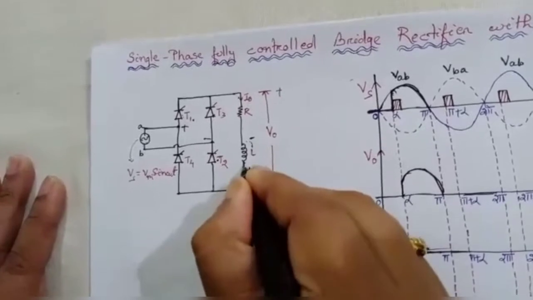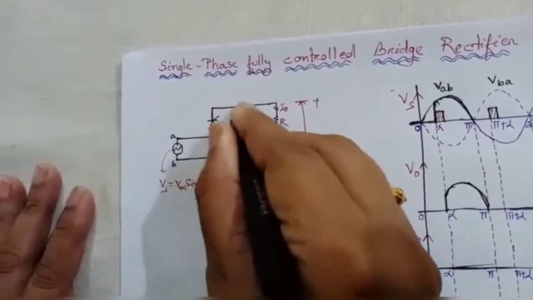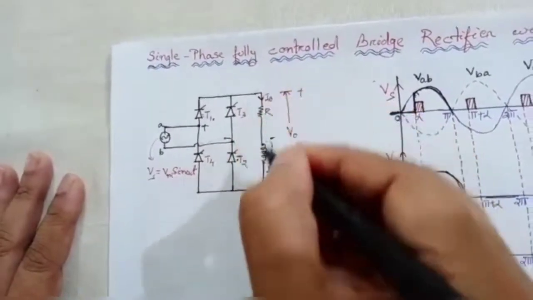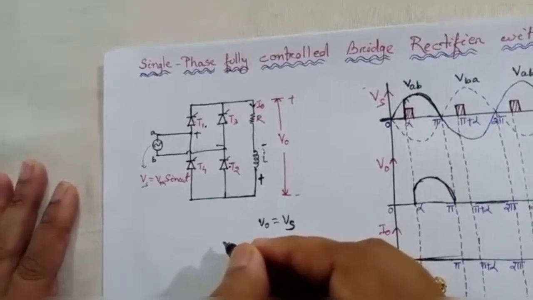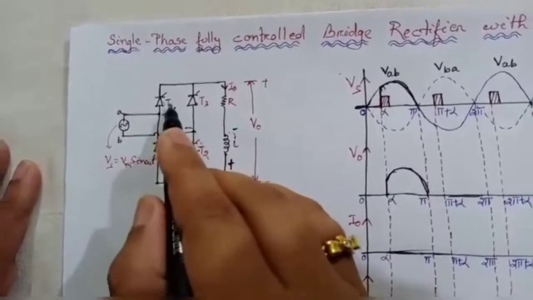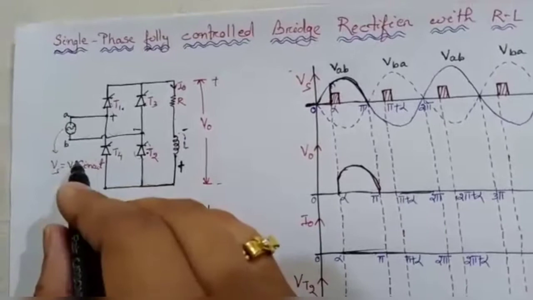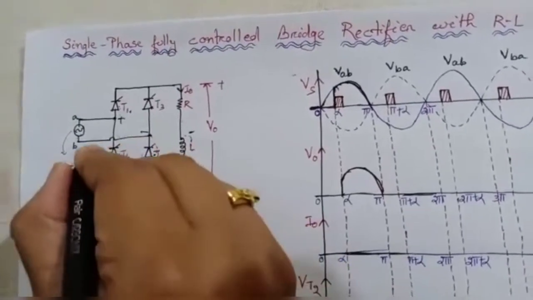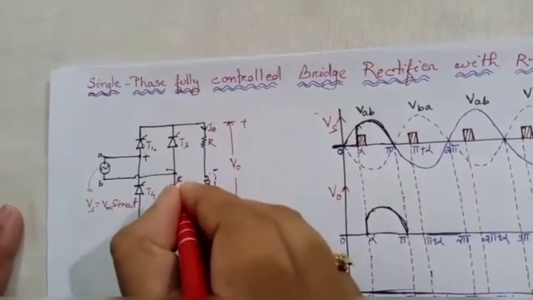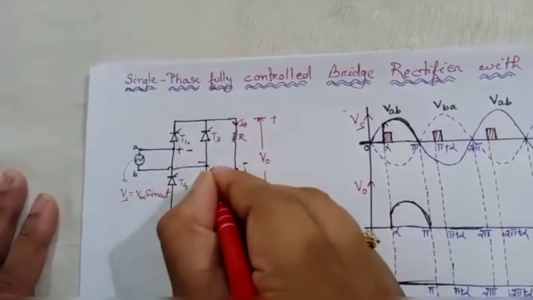In this path, starting from L plus, then T2, then the source, then T1 and back to L, is the closed path of the current flowing. So up to some time T1 and T2 will remain turned on, though the supply voltage is reversed, meaning at pi B is already positive. In the negative half cycle, B is positive with respect to A; A is negative and B is positive.